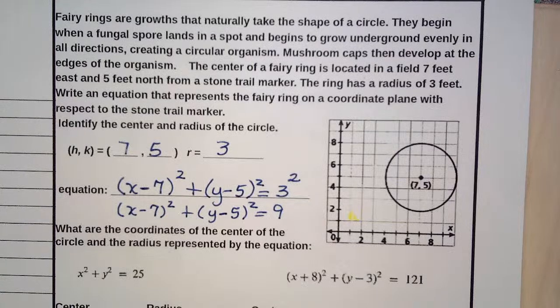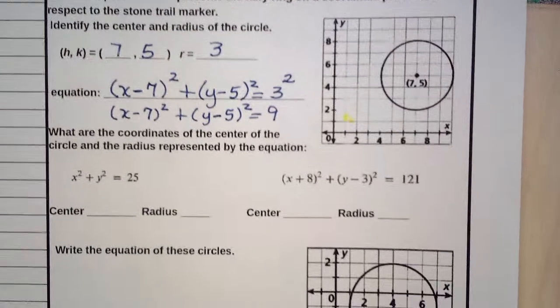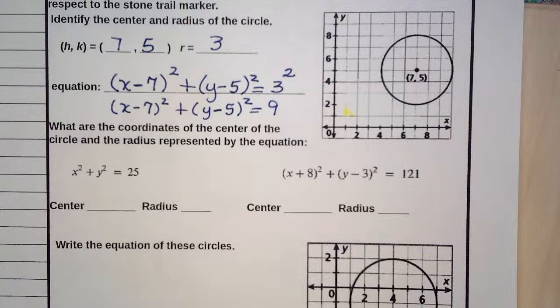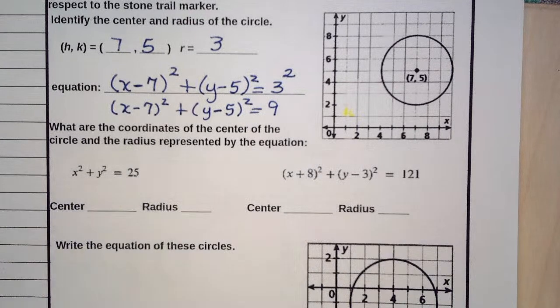Okay, what are the coordinates of the center of a circle and radius represented by these equations? This is x squared plus y squared equals 25. If I do not add or subtract anything, where would my center be at?